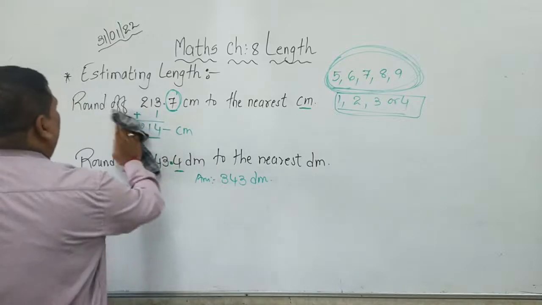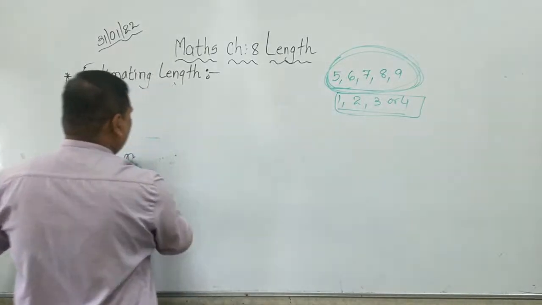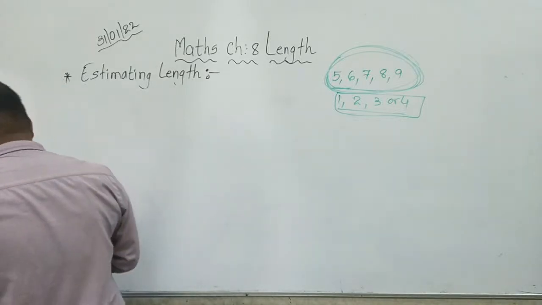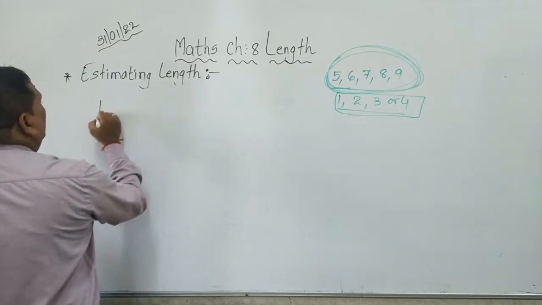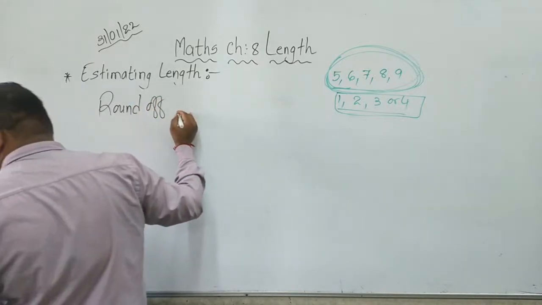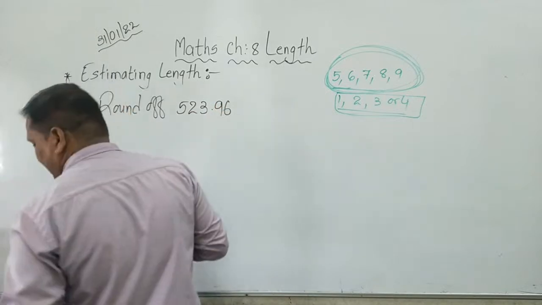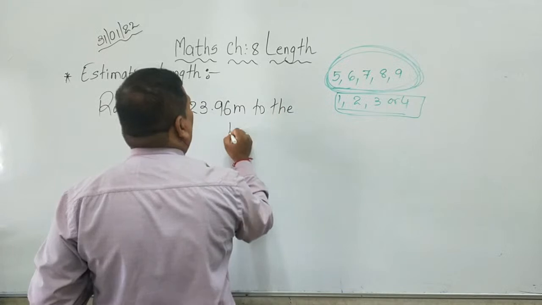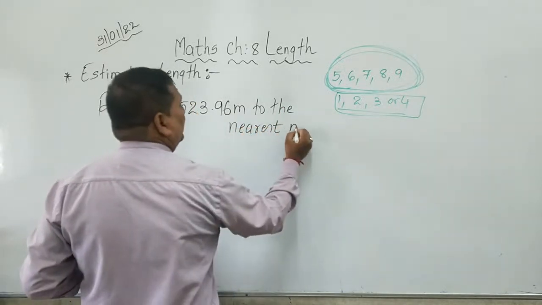So the next one. Number C, what has been given? Round off 523.96 meter to the nearest meter.